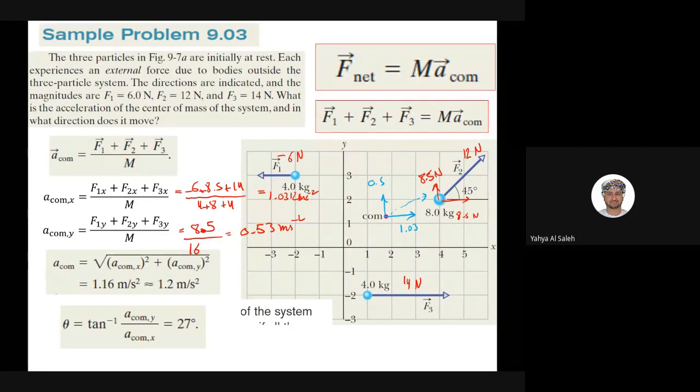And the direction, tan inverse of y over x, will be 27 degrees, so it will be in this direction, 27 degrees. So we took a body which consists of multiple particles, and we are describing it using only one number, only one variable.